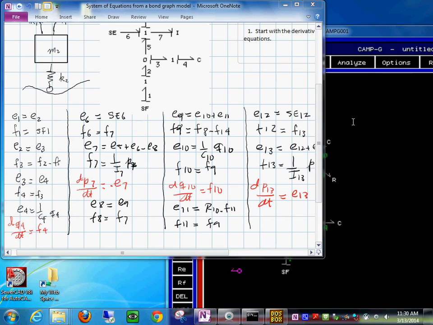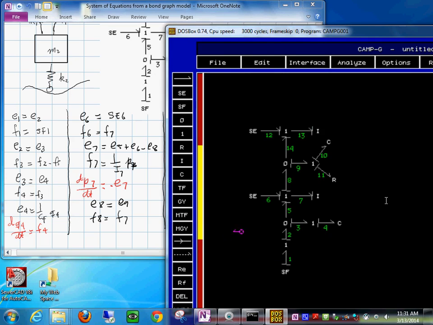Okay, what we're going to do now is verify that what we wrote in here is in fact what's behind the picture in the computer program. So if you come here and you say Analyze and you say Pick, let's take a look, for example, over here. If you click on this C element on number 4, see what it says: dQ sub 4 dt is F4.